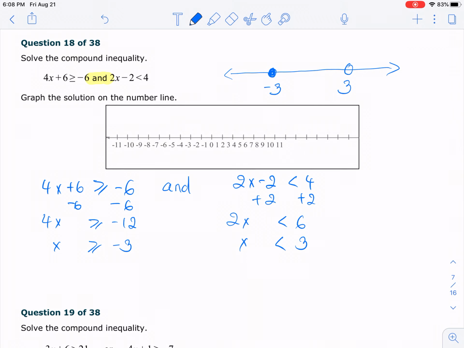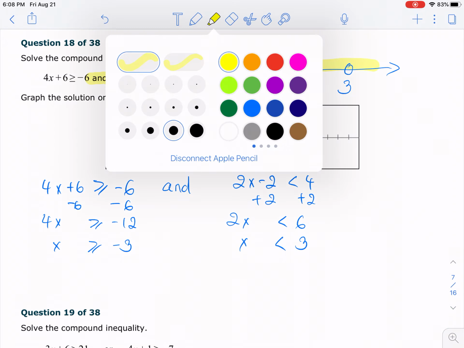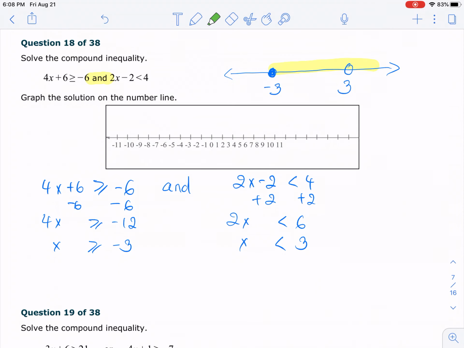All right. So like I said, I'm going to use two different colors. For negative 3, we have greater. Okay. For positive 3, we have less than. So it's this way.